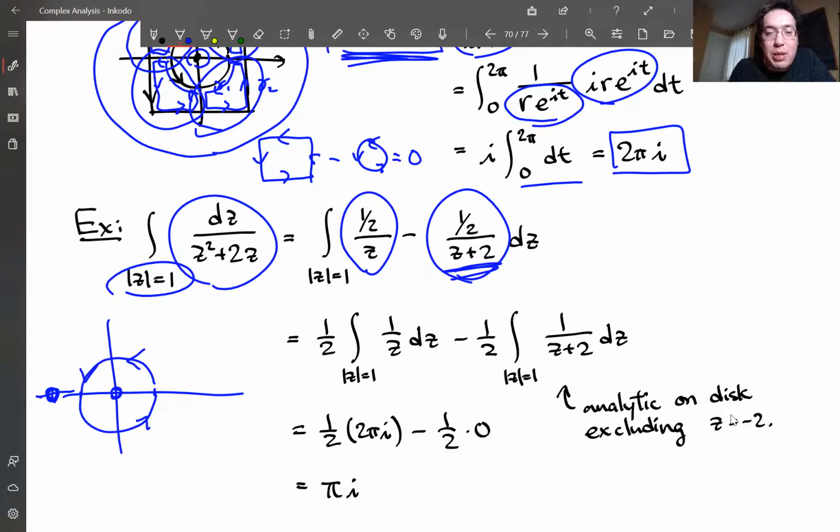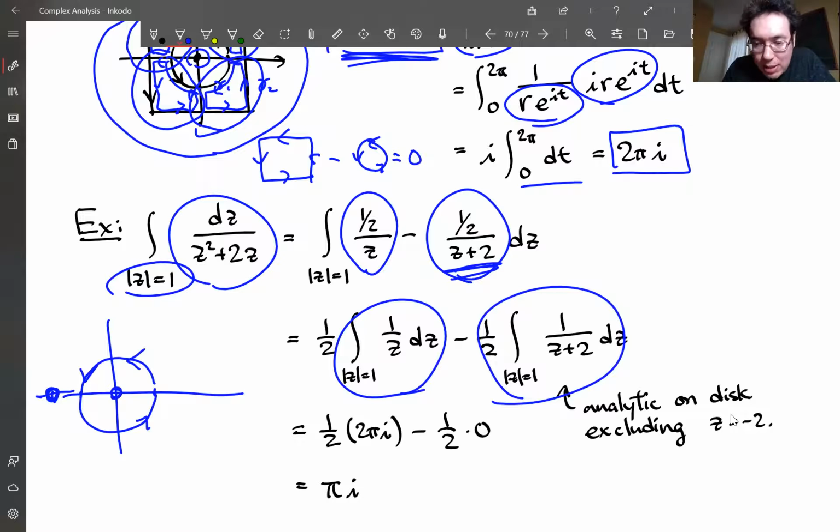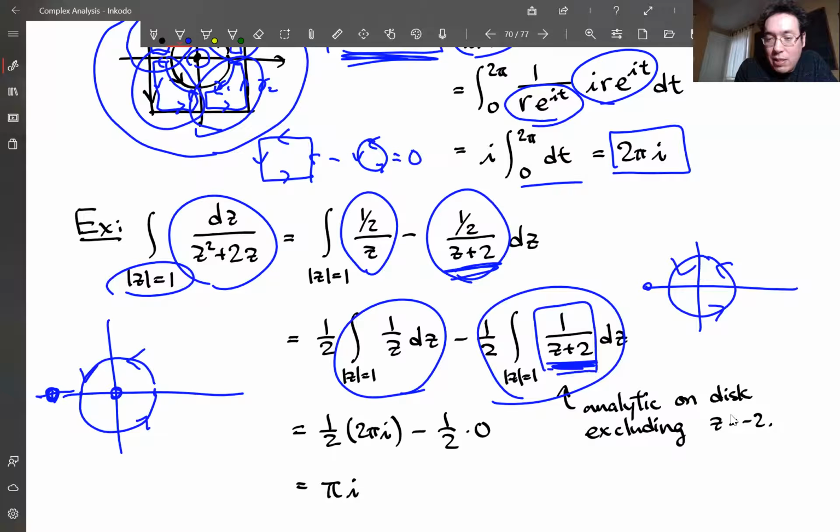Since we broke it up into two functions, we could do the path integrals separately. And this function 1 over z plus 2 is only undefined at z equals -2. It is perfectly well defined at z equals 0. This function is defined on a simply connected domain avoiding -2.